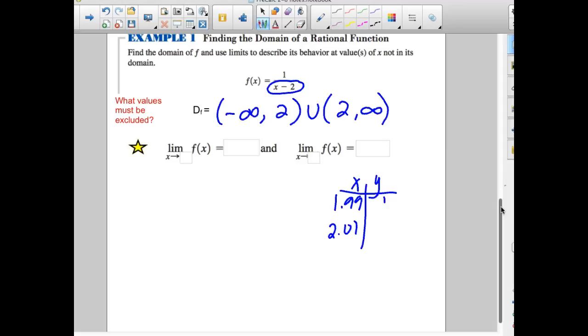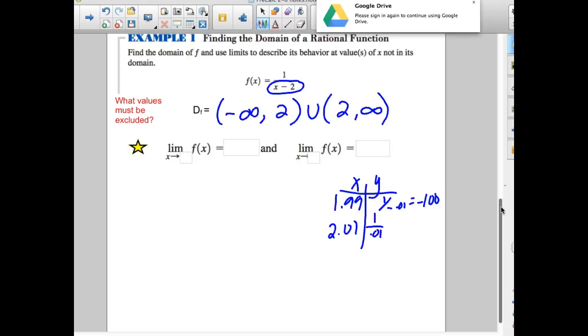Okay, so we've got 1 over negative 0.01, or 1/100th. What's 1 divided by negative 100th? Negative 100.